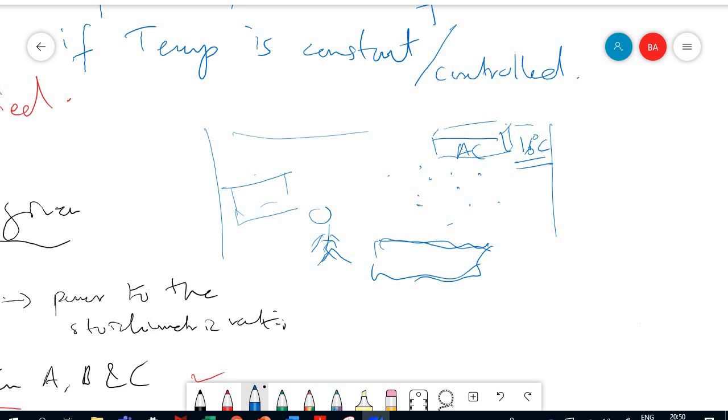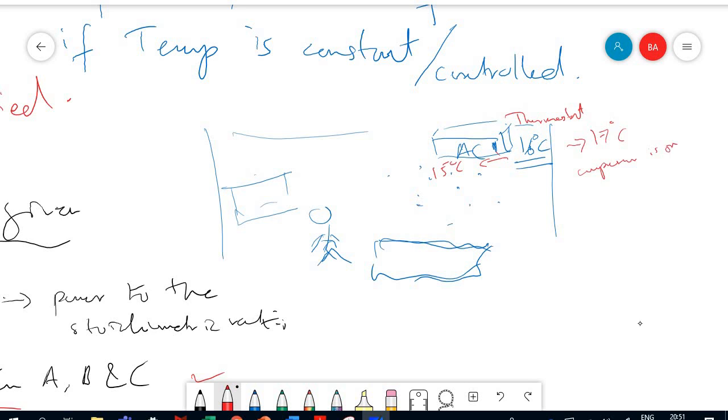So what I'm trying to say here is that you have a thermostat, and this thermostat makes sure that the temperature always stays at 16. So when it goes to 17 degrees, the compressor is on so that it cools down.